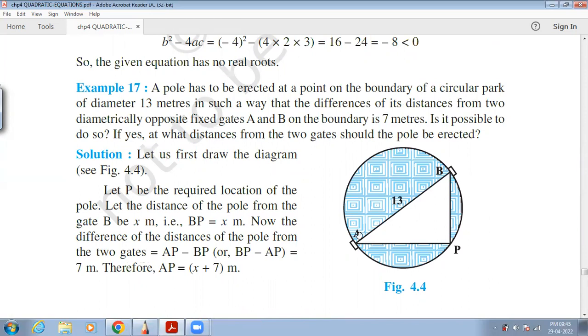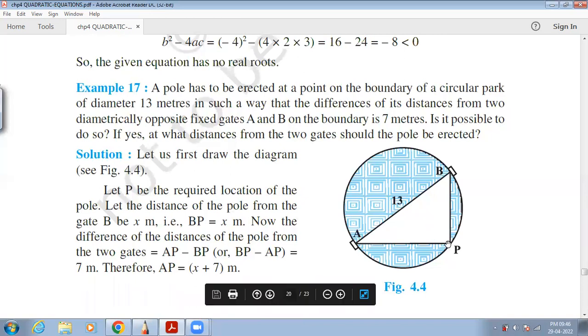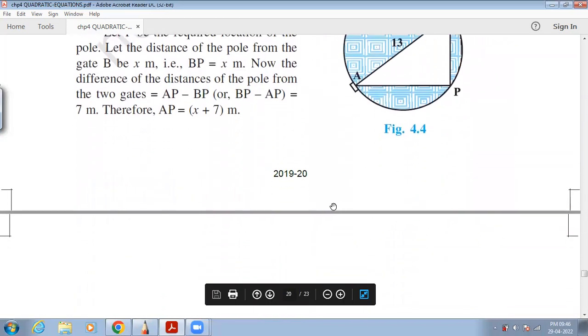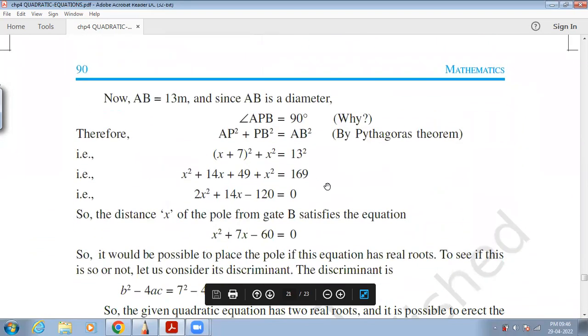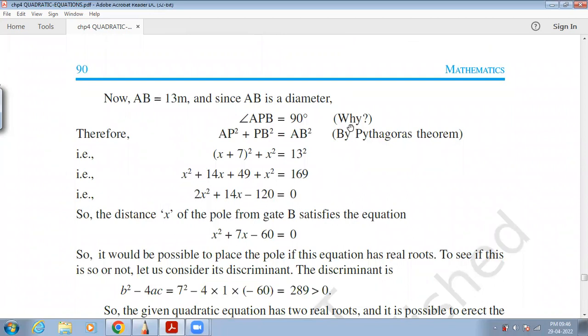Since AB is the diameter, it makes 180 degrees at the center, so it will subtend 90 degrees on the remaining semicircle. Therefore angle APB is 90 degrees. You can write the reason as angle in a semicircle.